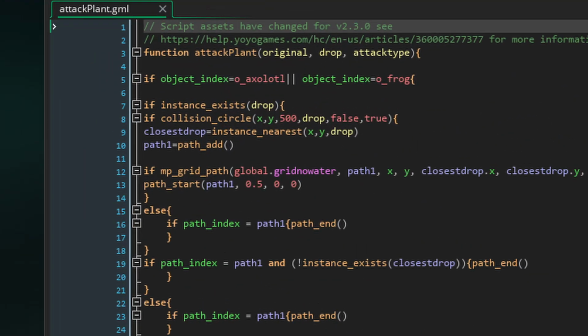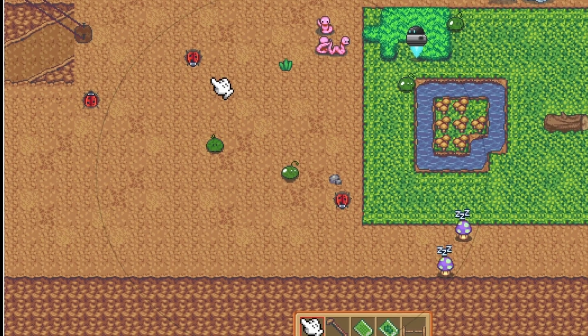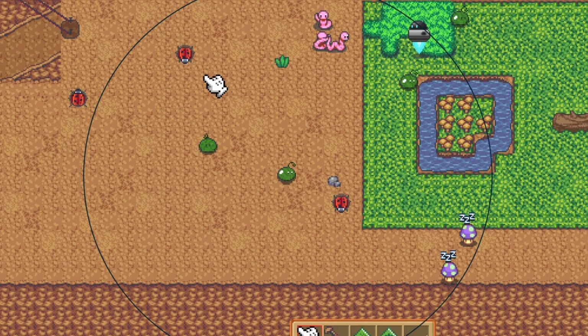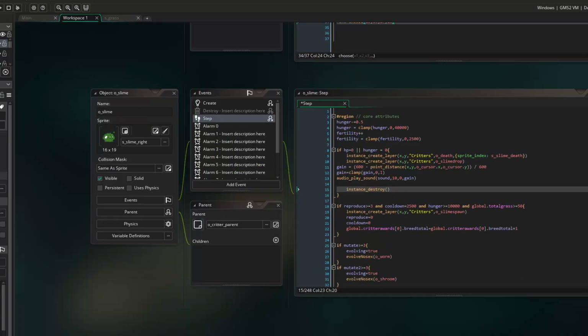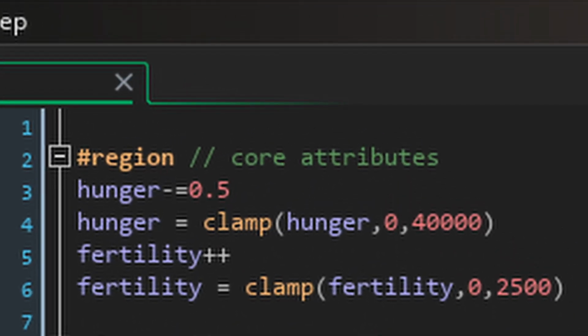In the game world, the ability to detect external stimuli is determined using basic collision functions. Critters are able to detect the biome they currently inhabit, the presence of their favorite foods, members of their own species, and potential predators within a certain radius. On the other hand, internal states are determined by local variables that increase or decrease on their own over time.